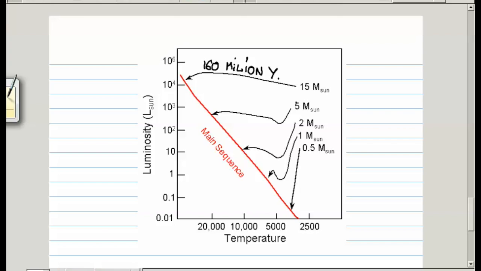For the one that has a mass of 5 times the mass of the Sun, it is 700 million years. A star that has a mass of 2 solar masses, the contraction period is about 8 million years. And for a star of 1 solar mass, like our Sun, the protostar stage lasts about 30 million years.